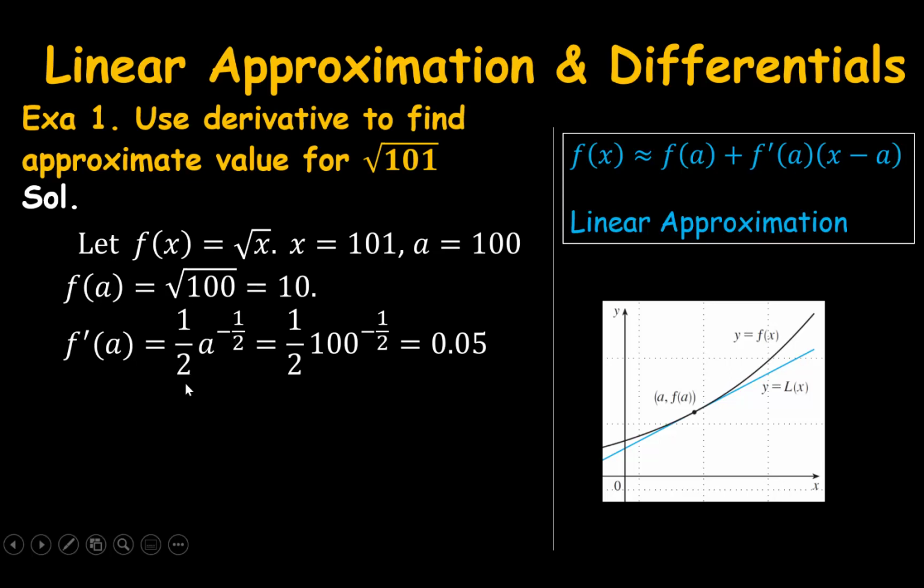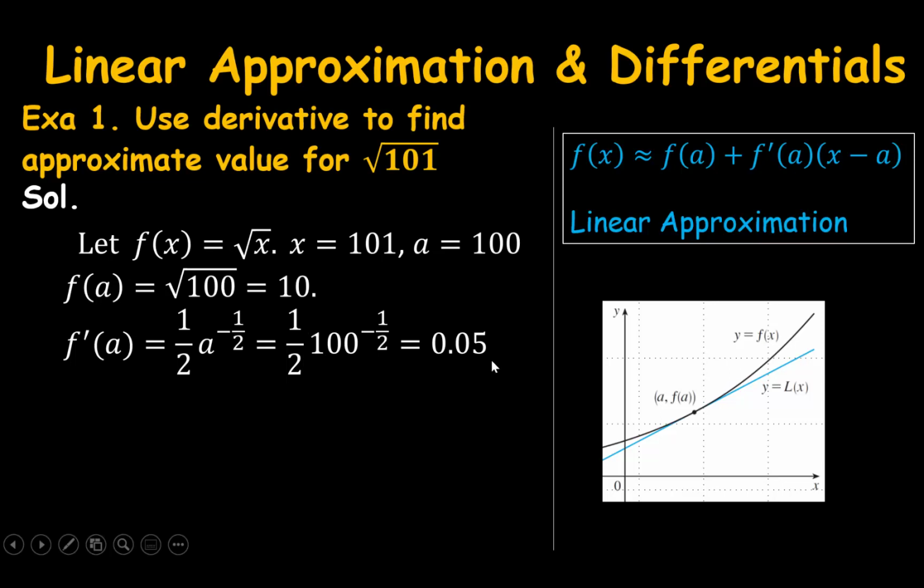This is the derivative at a. Now a is 100, and then you work this out. It's pretty easy: 100 to the negative power, you flip that to the bottom. The 1/2 power is a square root. The square root of 100 is 10, so it's 20 on the bottom.